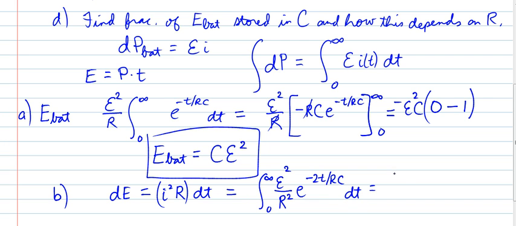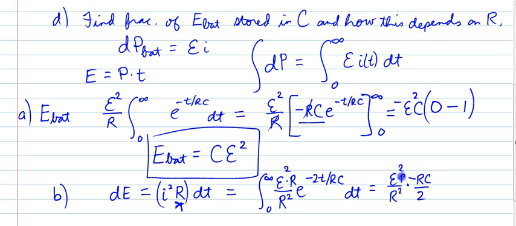Again, my E squared over R squared can come out. And the other thing I can pull out is just like up here where I pulled out negative RC, same thing, but this time it's going to be negative RC over 2. Oh, let's not be silly. I forgot to multiply by an R because of this R right here.